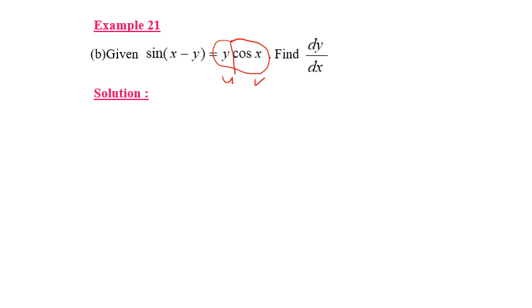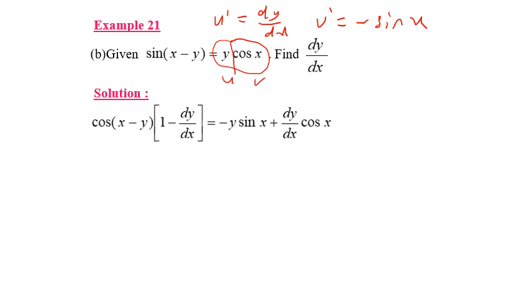Okay, so don't forget the u prime here, since it is y, it will be dy/dx, and then v prime would be what? Remember the previous example, it will be negative sine x. Okay, so let's see the solution. As you can see, we already applied the product rule over here.